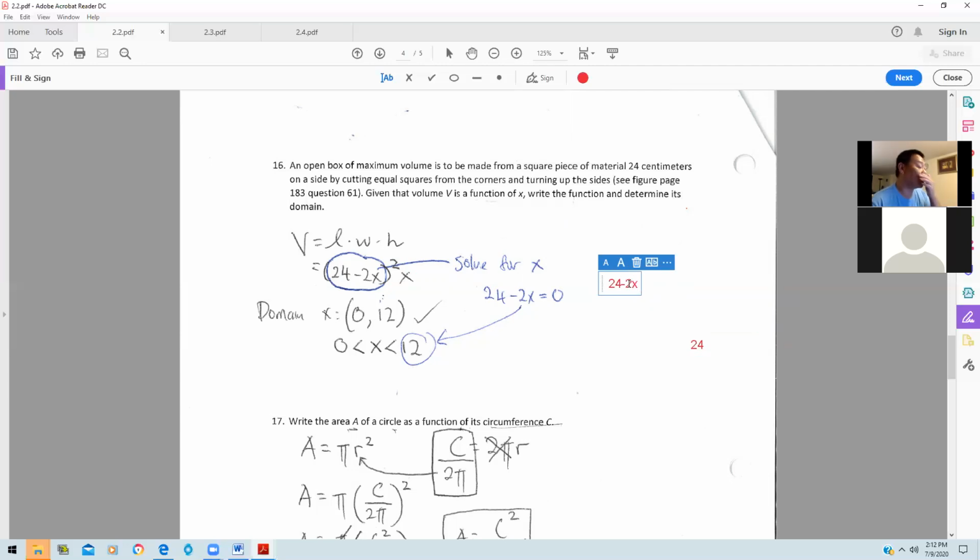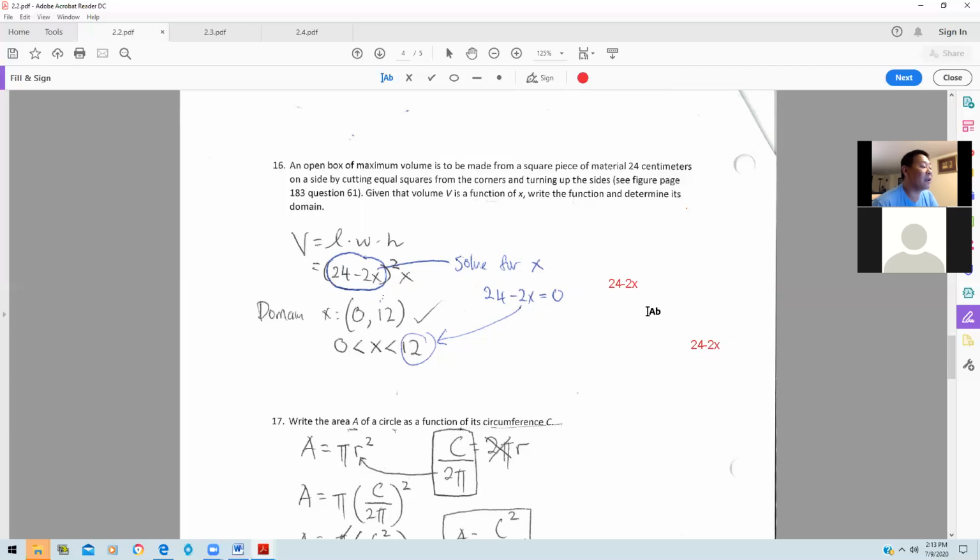The reason why it subtracts 2x is because you have x on both sides. So when you cut it out, you have to deduct the 2x. This is for the top part. For the bottom, the width part, you also have to subtract 2x because you're taking x, another x, on the top and the bottom part.